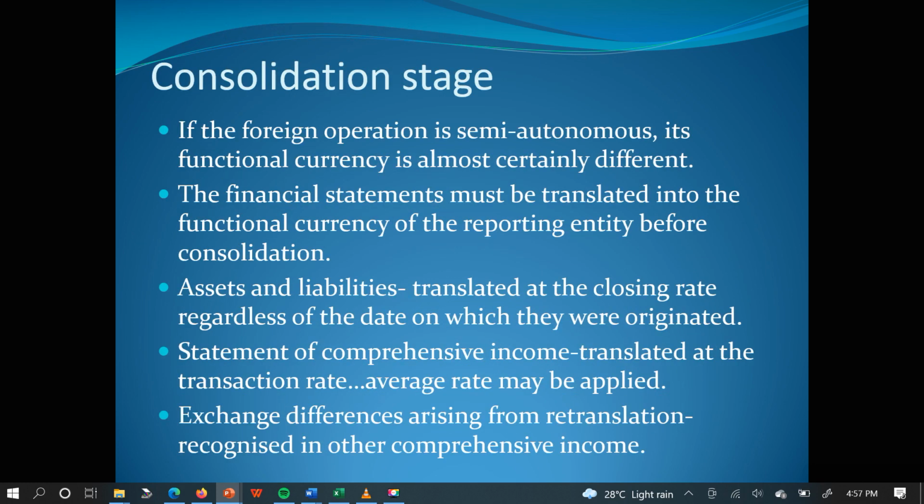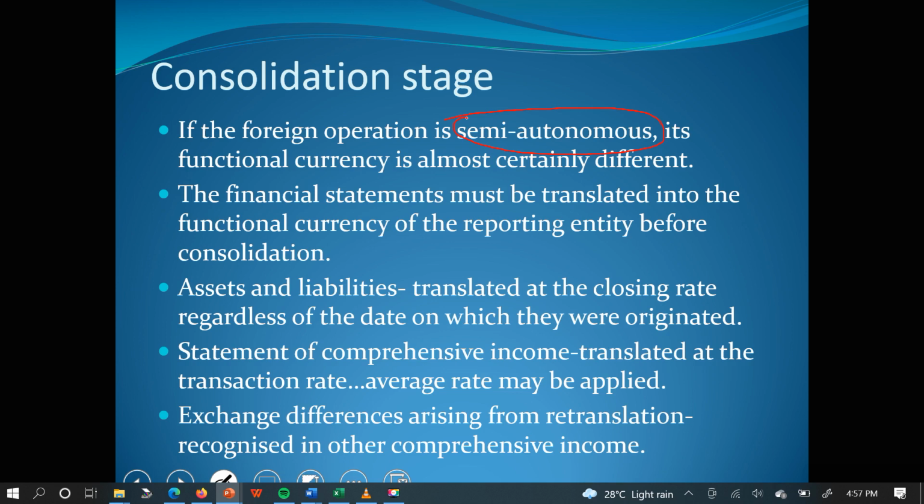But if the foreign operation is semi-autonomous, it's a bit free from the control of the parent. Now take note, it is semi-autonomous. So it is not autonomous, but semi-autonomous, because if I have control, I have control. But how much control do I exert?